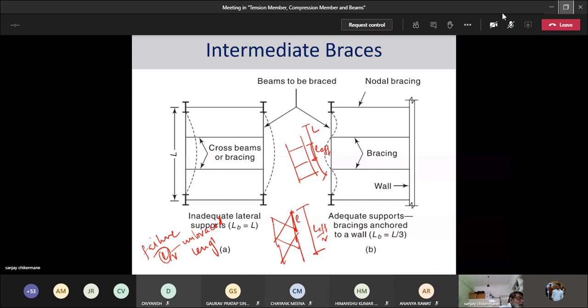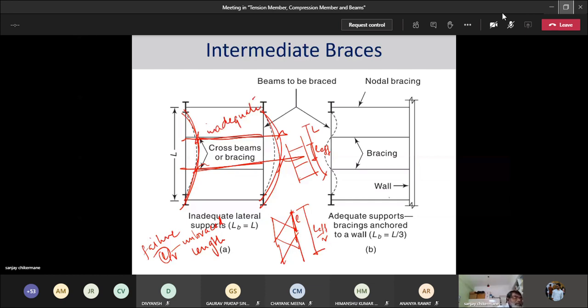So you can end up getting a shape like this, with your bracing just having a rigid body movement. Now, if this is possible, this does not act as adequate bracing, and is actually an inadequate bracing.